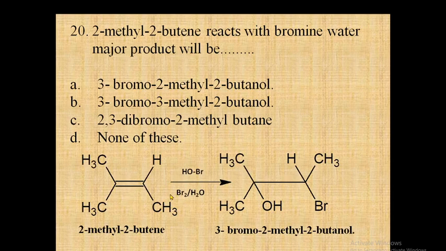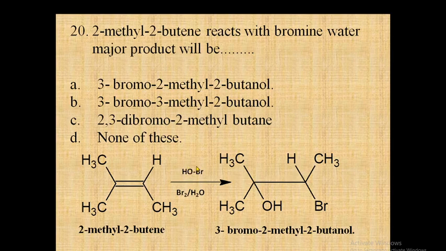When it is reacted with bromine water, actually it is hypobromous acid, HOBr, that attaches to this carbon-carbon double bond according to Markovnikov's rule. So here Br is the positive part and OH will be the negative part.